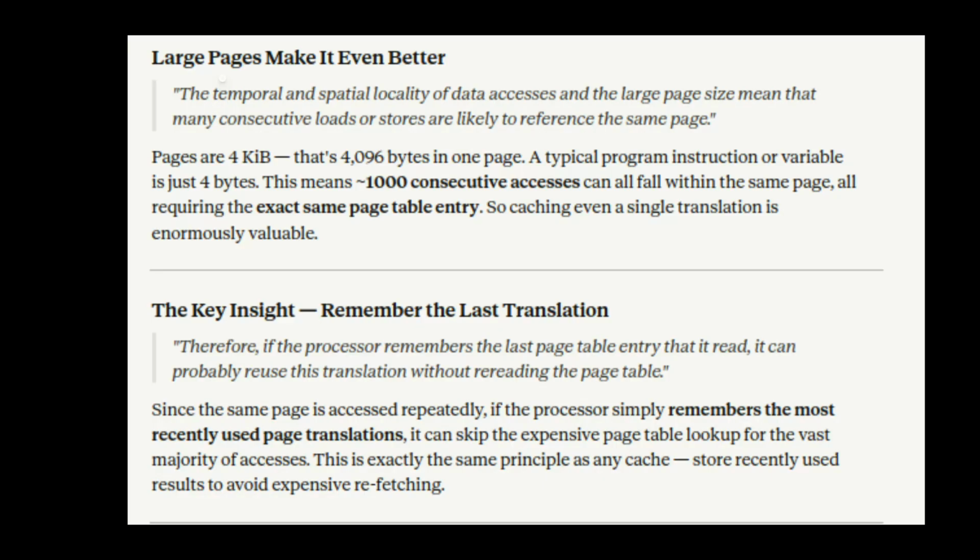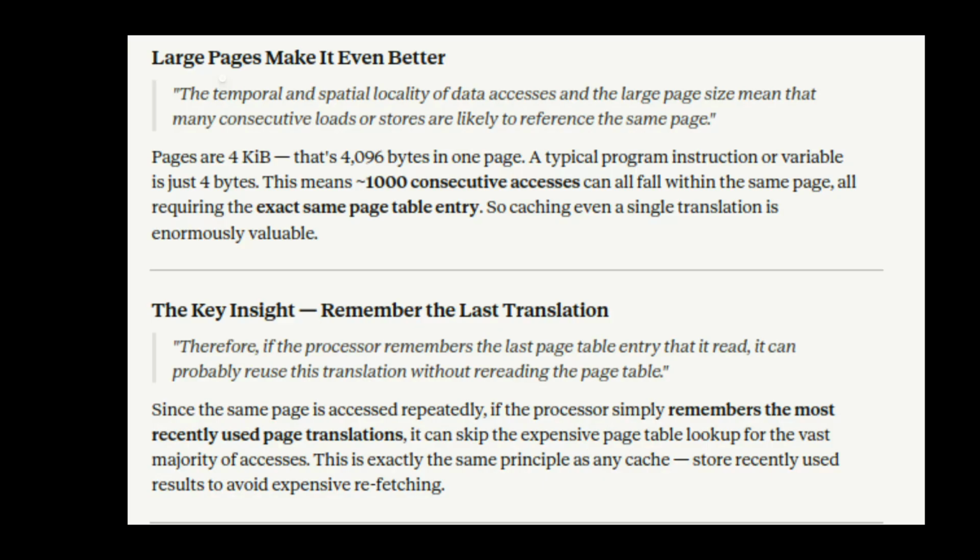So you are saying that most recently used translations you can basically cache. Why? Because one page itself can be 4 KiB, that is 4096 bytes, and a variable or instruction can be only 4 bytes long. So a lot of accesses can happen in one single page because of temporal and spatial locality.